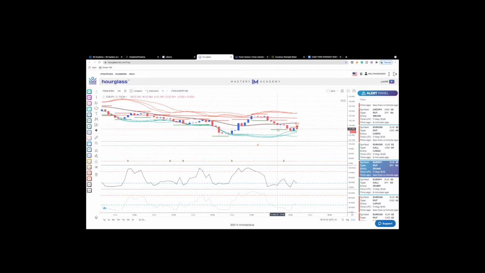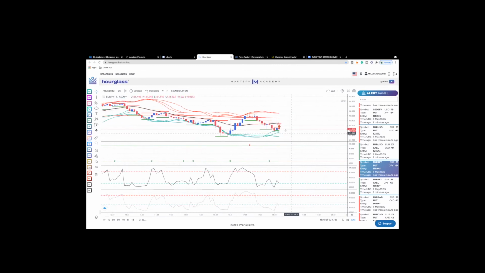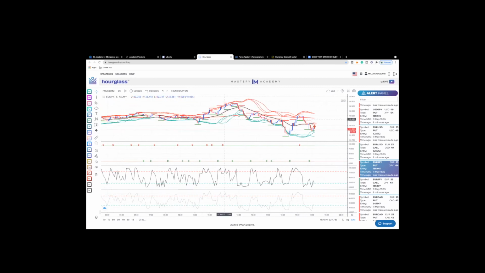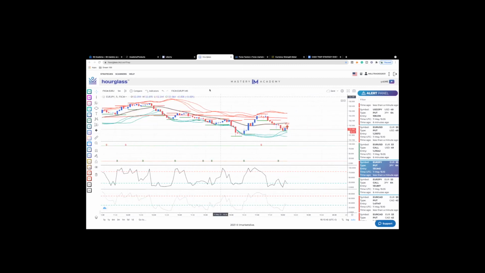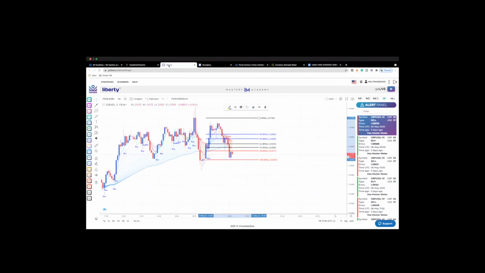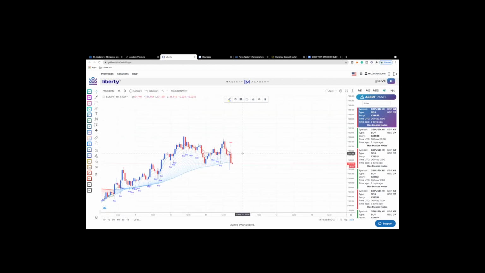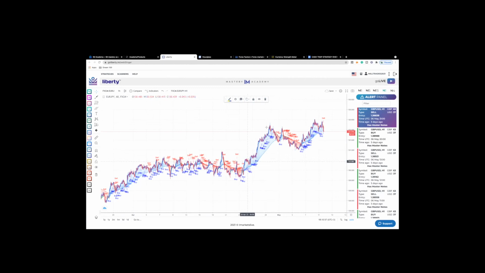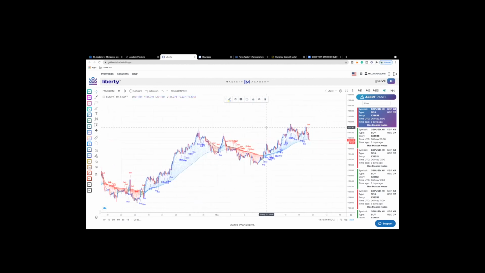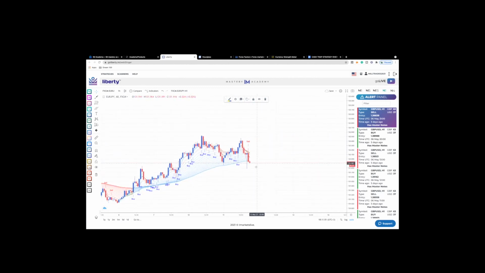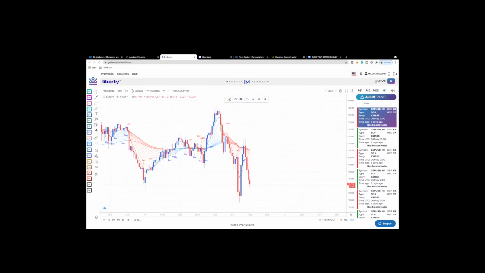This could be going for a buying opportunity, but it looks like it's below the band. It is in a downtrend, so it could be going down. Let's look on Liberty. The hour is uptrending, but the hour candle is red, going indecisive.